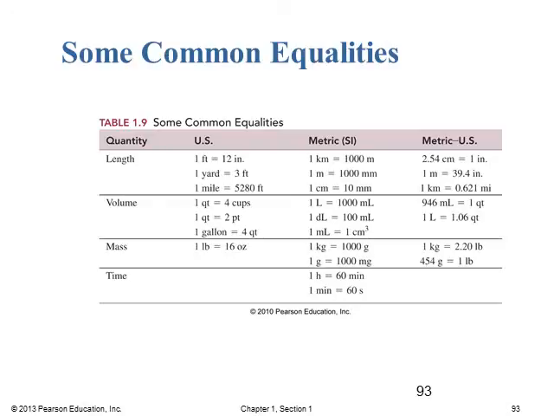All right, and so here's just a table of the different equalities. I will not ask you to memorize the US equalities or the metric to US equalities, but you will have to know the metric and SI equalities on your own.